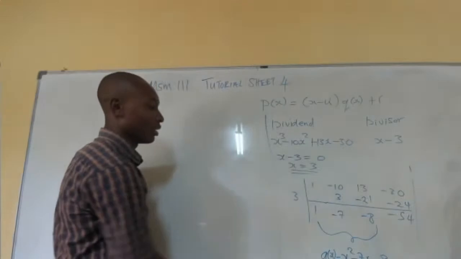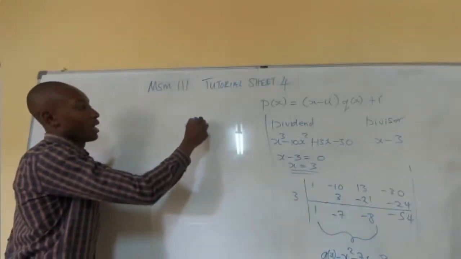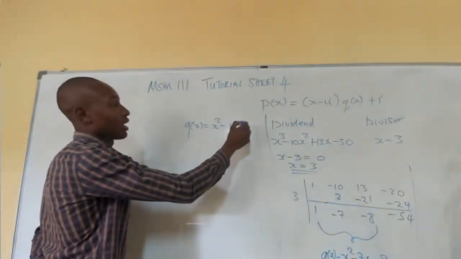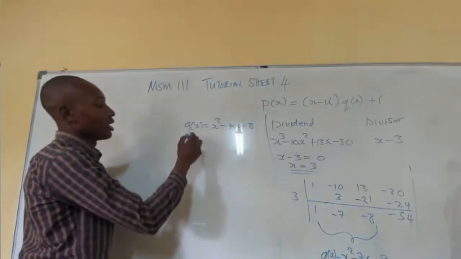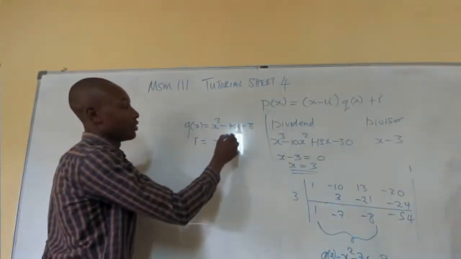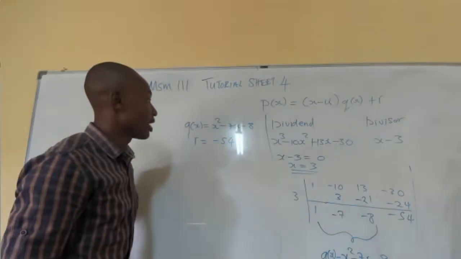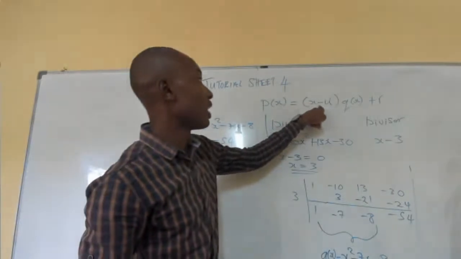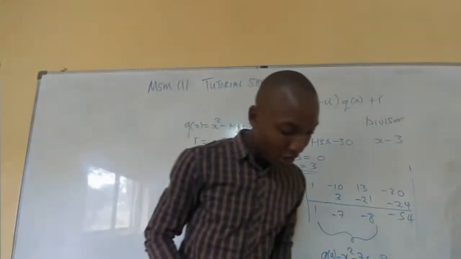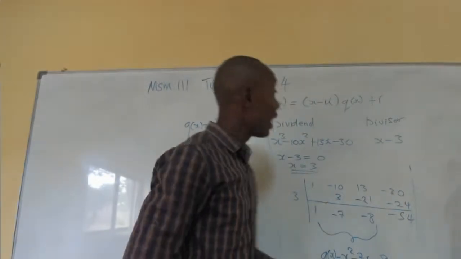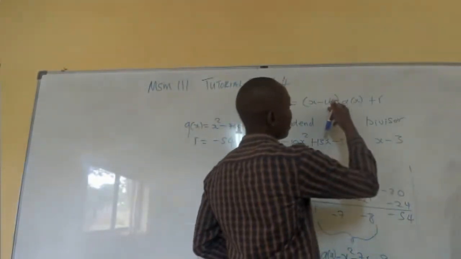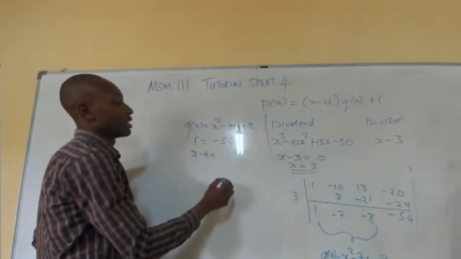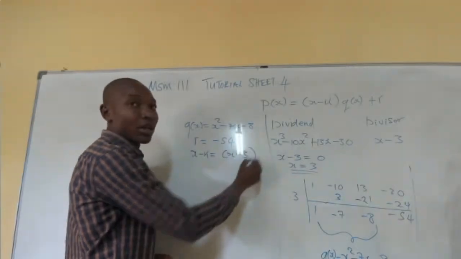So q(x) is x squared minus 7x minus 8, and r is negative 54. Apart from the remainder, we need x minus k. This x minus k is actually x minus 3, where k is a constant. So x minus k equals x minus 3.